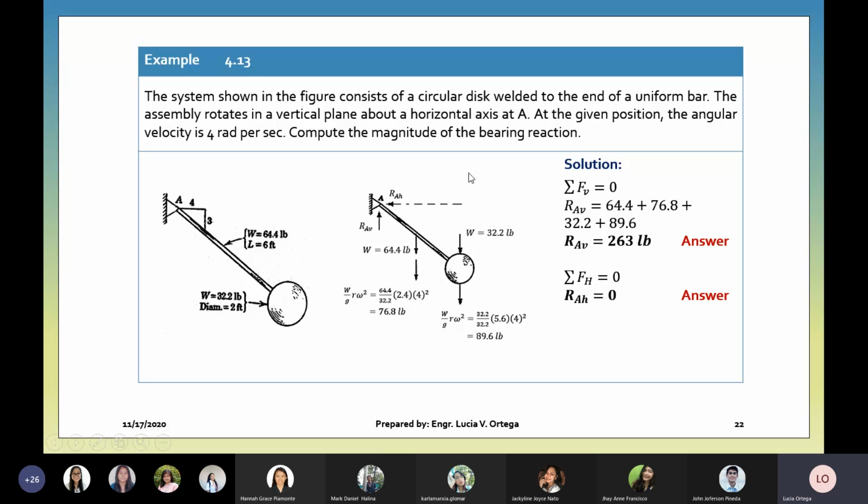So let us draw the free body diagram. The weight is 64.4 pounds. The inertia force, it's rotating in vertical position, so inertia force is downward, W over G R square. 64.4 over 32.2. The radius is, what is the equivalent horizontal distance here, from the center up to here? So you have to compute, that is equals to 2.4.